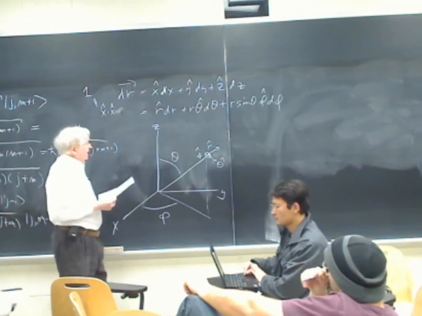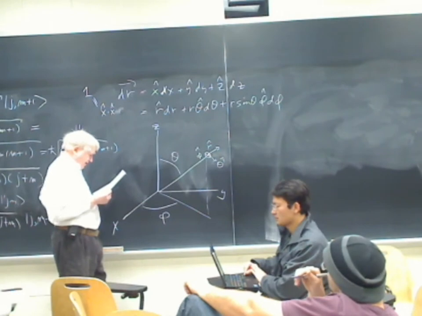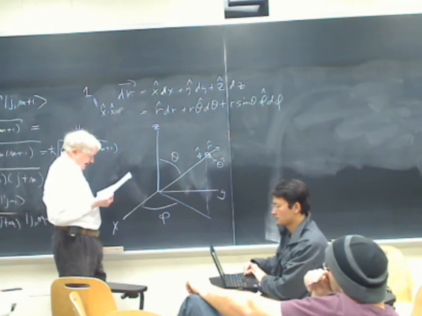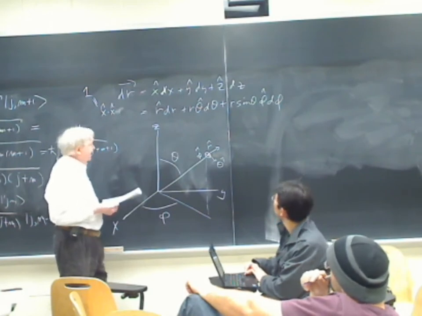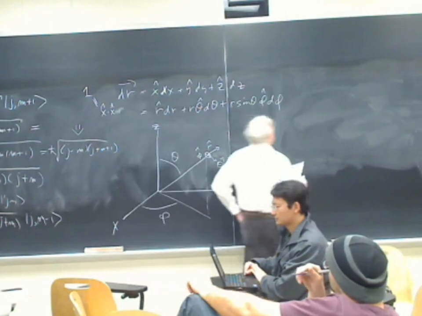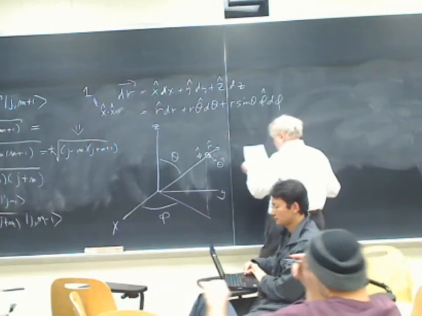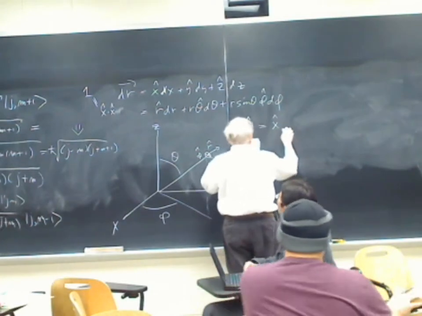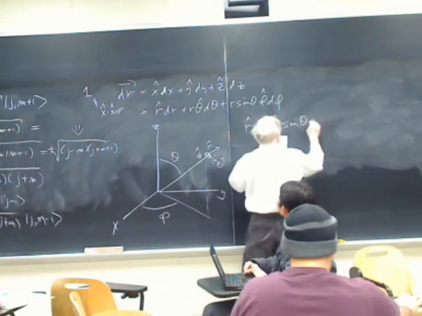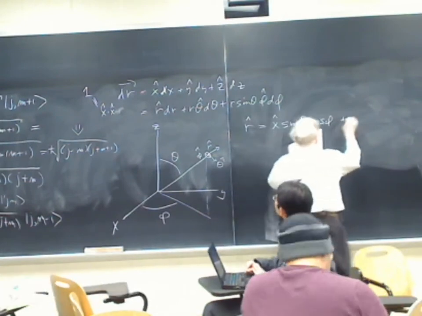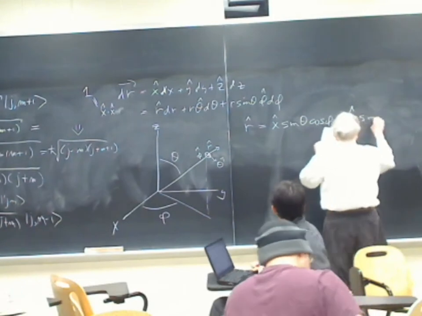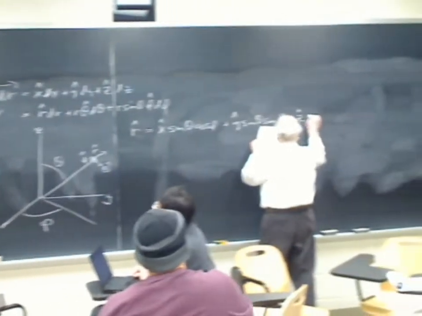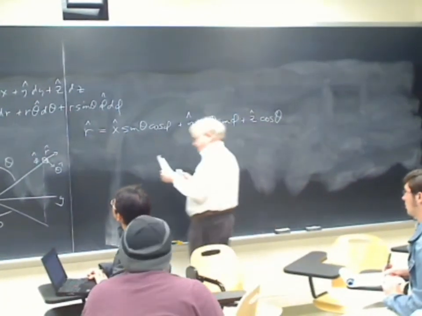Now I'm going to write r hat, theta hat, and phi hat in terms of x hat, y hat, and z hat. I'm not going to derive these, but they're certainly plausible. r hat is x hat sine theta cos phi plus y hat sine theta sine phi plus z hat cos theta.